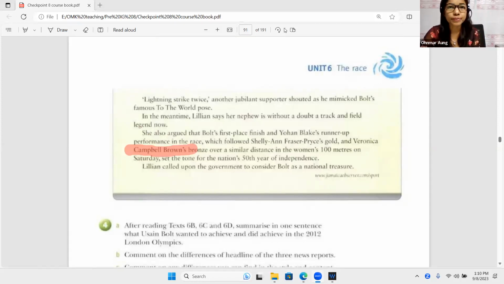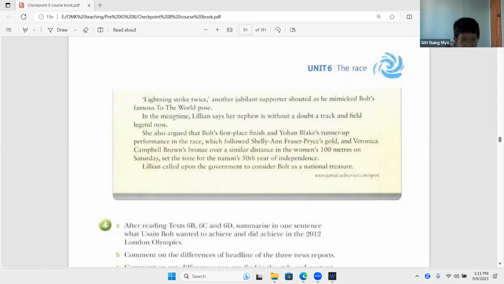Sinamyo, would you like to read? Lightning strikes twice. Another jubilant supporter shouted as he mimicked the famous pose. In the meantime, Lillian says he had a view is without a dog, a truck, and free legend now.